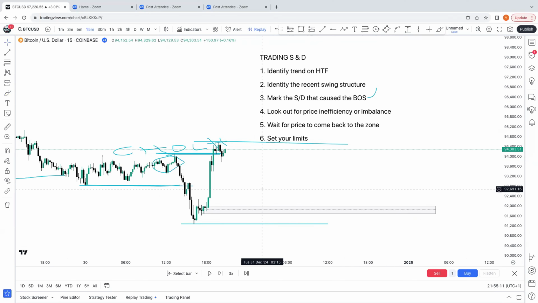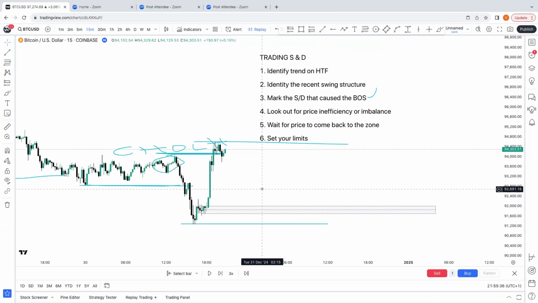It means they outmuscled the other party, so they can continue with the trend and keep the momentum going. But if a break of structure or change of character lacks price inefficiency or an imbalance, that zone might not hold. Price might actually take out that zone.